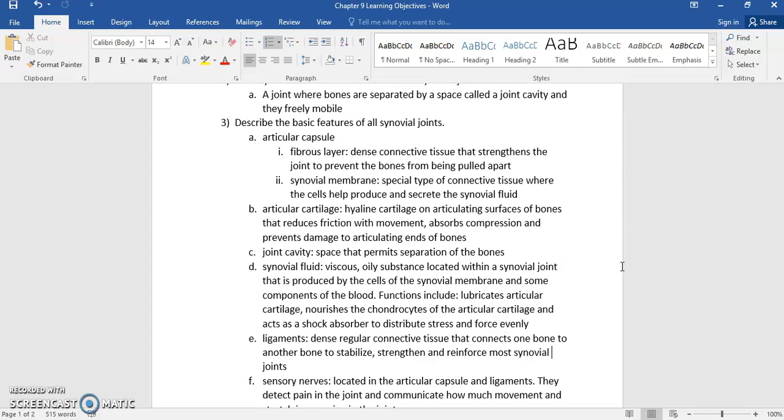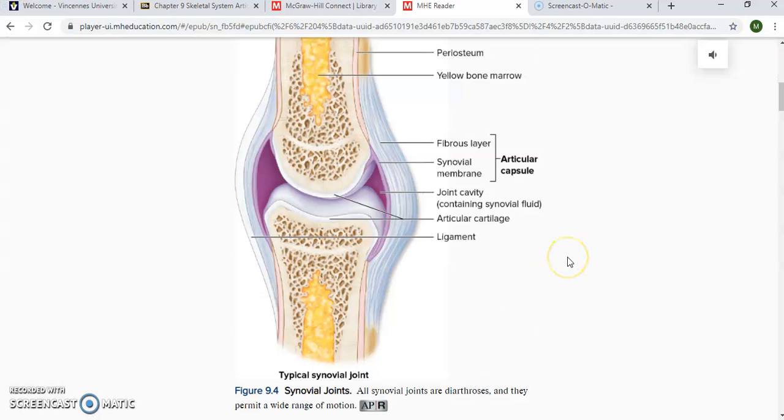It does that through reducing friction, absorbing compression, and protecting against other things that could damage our bone in that area. So we like to keep our articular cartilage for as long as we can, because it's very important for the normal functioning of our joints.